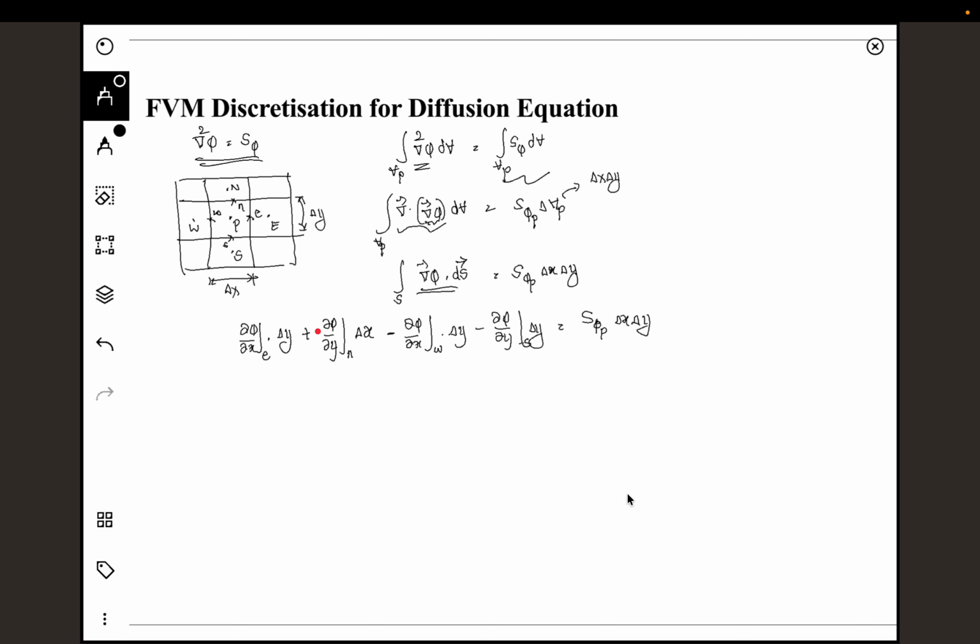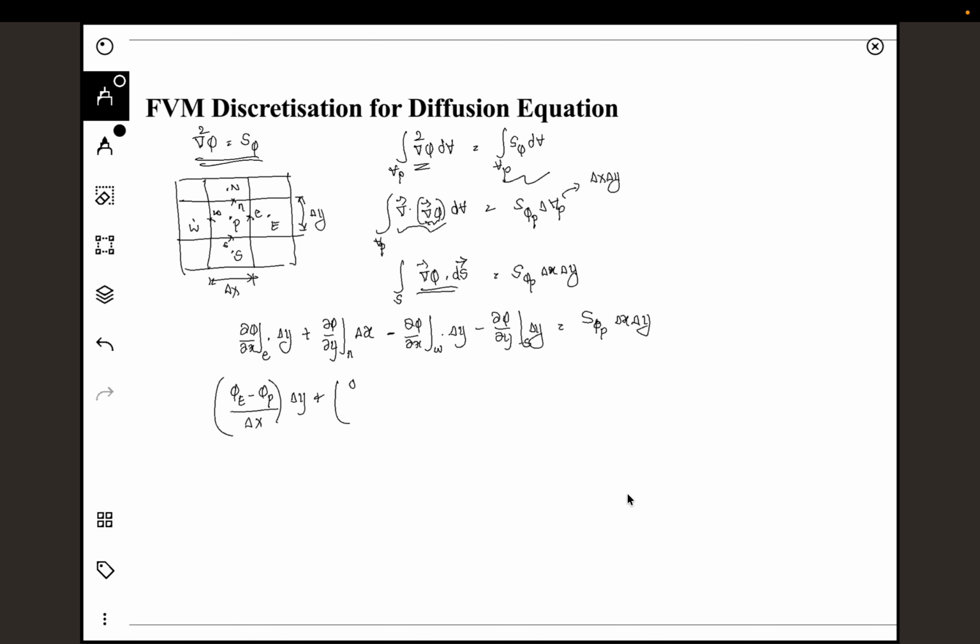Now we need to approximate these things, which we already know from our finite difference schemes. And how can we do this? Del phi del x on the east face is basically phi E minus phi P by delta x. This is again second order accurate because we are using the central scheme. And so on, similarly for the other terms.